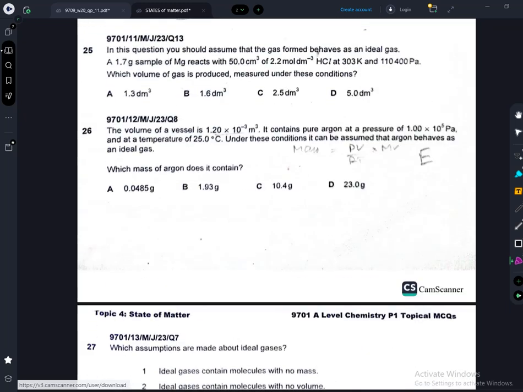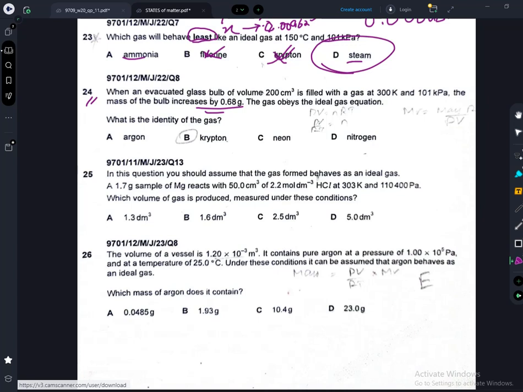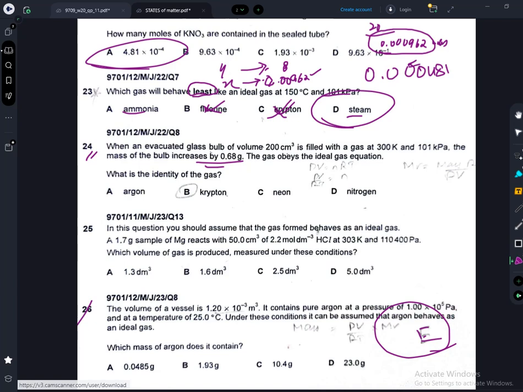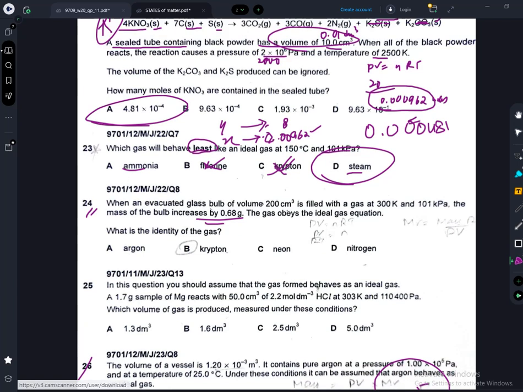So 26, 27. Let me do this 27. 26 is ignored because this is easy, so I won't be doing this. In this question, you should assume that a gas formed is an ideal gas. 1.7 gram of magnesium produces 50 centimeter cube of gas with 2.2 mole per decimeter cube HCl at 303 Kelvin and 110.4 kilopascal. 50 centimeter cube is 0.05 decimeter cube.